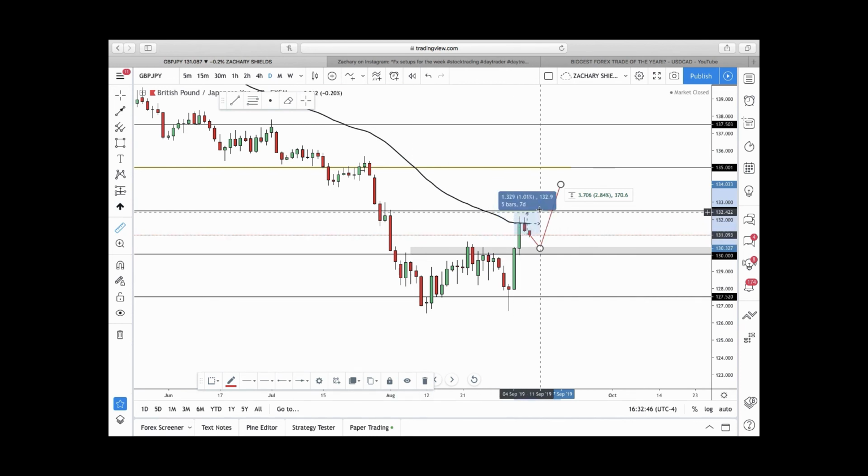Just from current price, 132.5 is about 150 pips, and 134 is about 300 pips. If we can make it back to 130, we're dealing with 250 pips and a potential 400 pip target. That is my favorite trade, and that's a big trade that I'll be watching very heavily and closely this week.